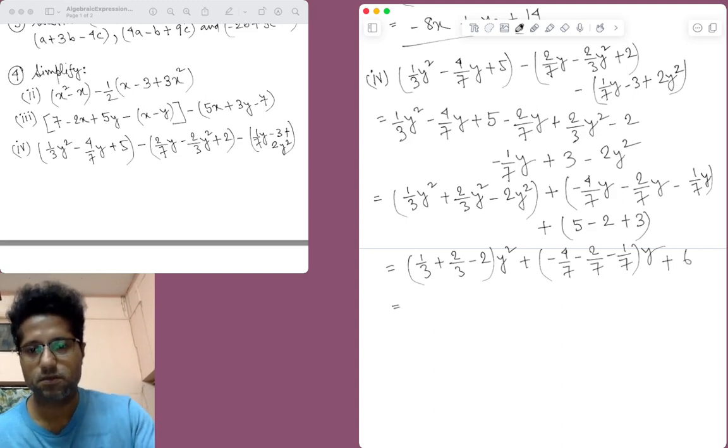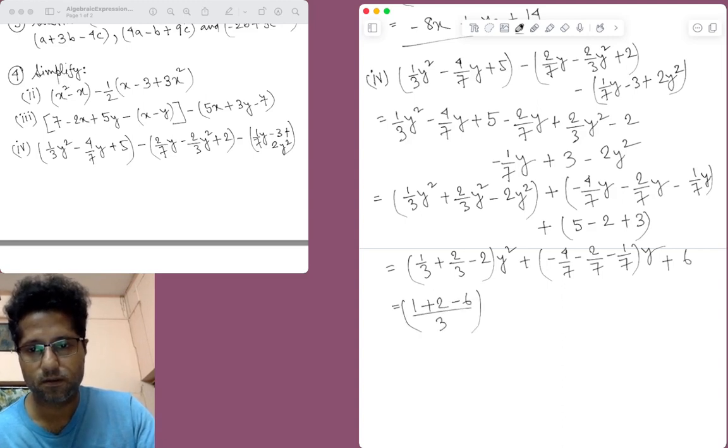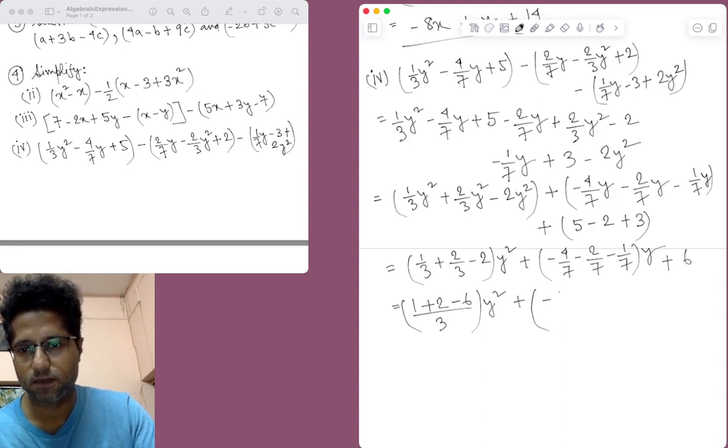Now this becomes (1 plus 2 minus 6) divided by 3 y square, plus (minus 4 minus 2 minus 1) divided by 7 y plus 6.